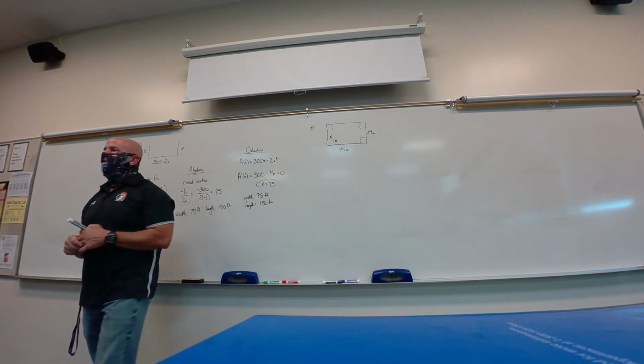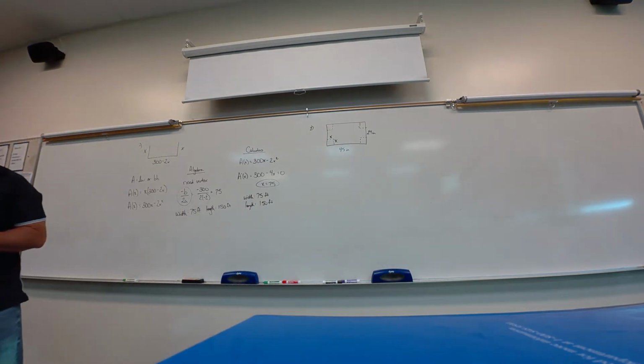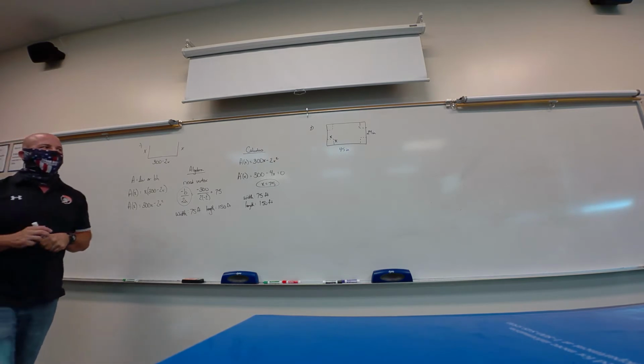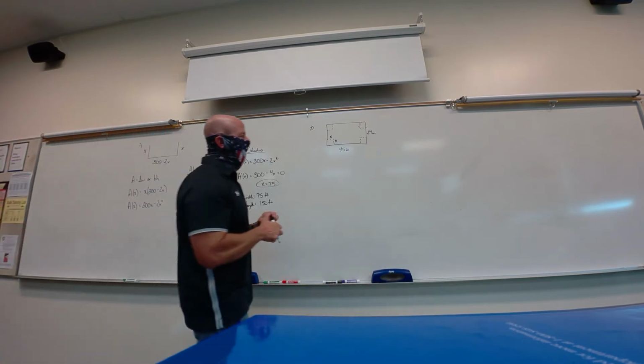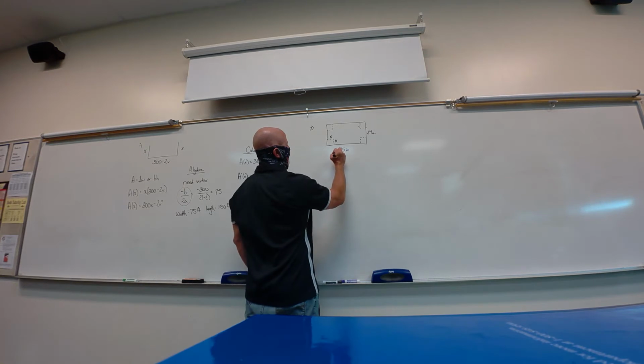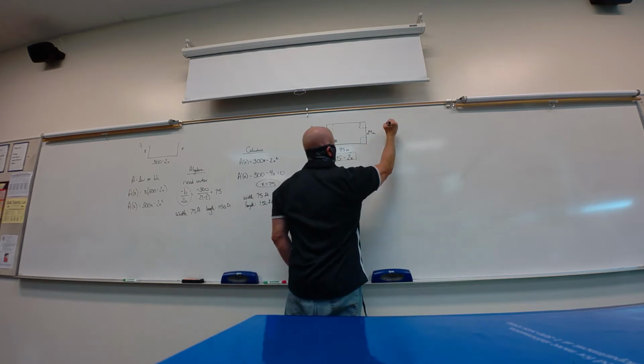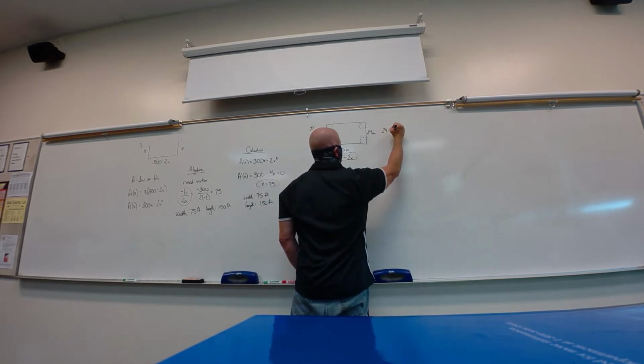But I'm taking out a square, so I know it's an x by x square. Is everybody okay with that? So that's going to make my dimensions on this bottom, for my final box piece, 45 minus 2x and 24 minus 2x.